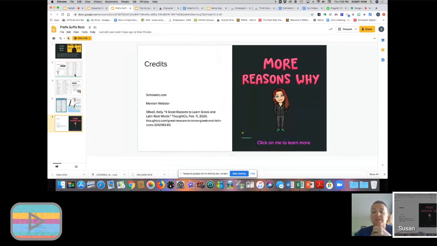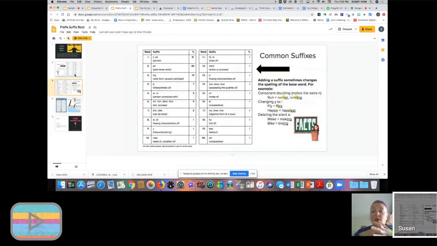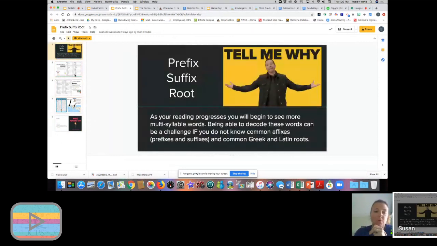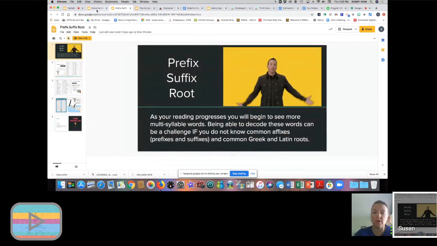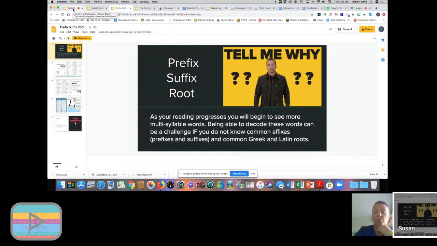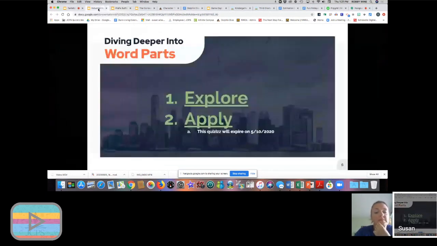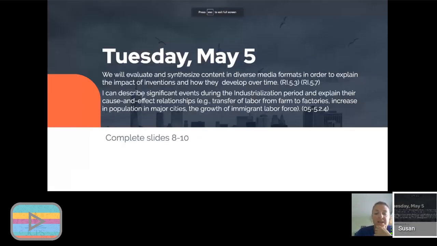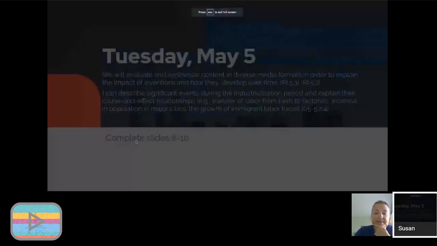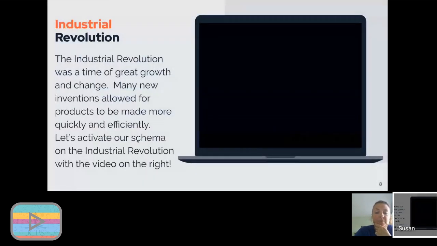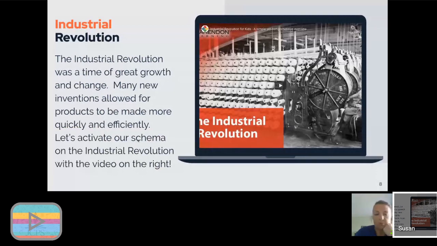So these were not new to them because, again, at the end of the year, reading is primarily a review grade. So those are not new things. It's just a little more review to them. Okay, you can go to the next slide. Next. Right here, they're just activating their schema on the Industrial Revolution.